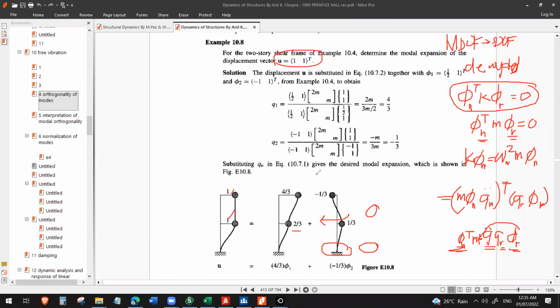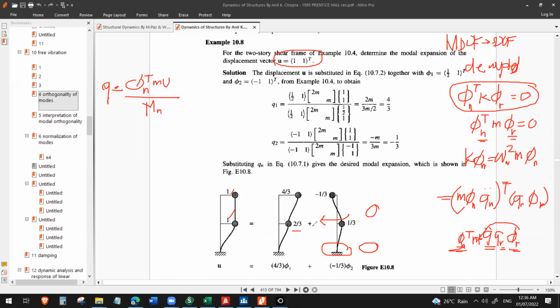Now in this problem we are going to use the formula we derived earlier, which is Q equal to phi transpose m u over the modal mass, which is phi n transpose m phi n.